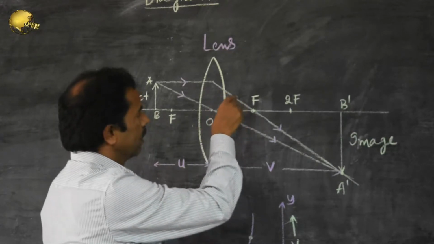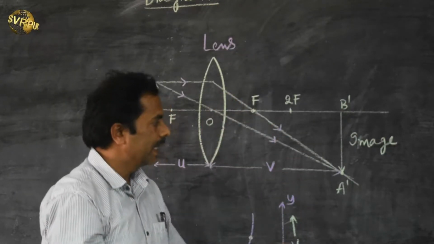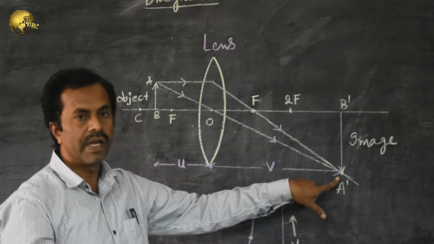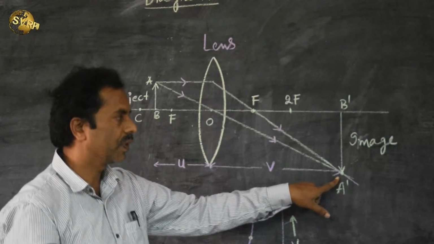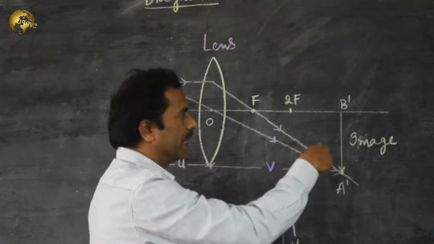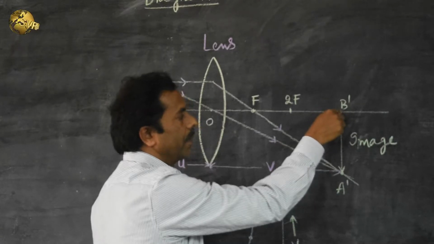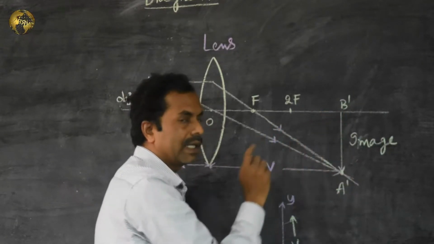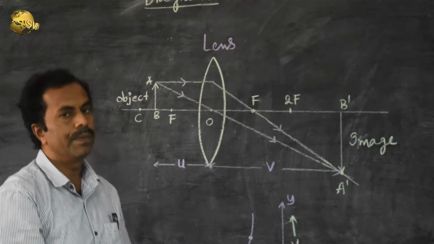Where these refracted rays intersect, we will get the image of the extended object. To get the image, draw a line from the principal axis to this intersection point. We will get an image of the object.